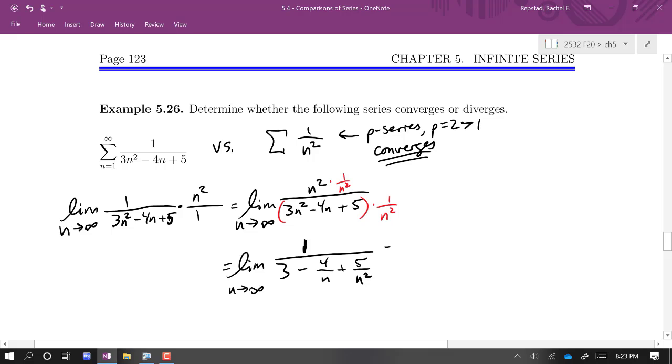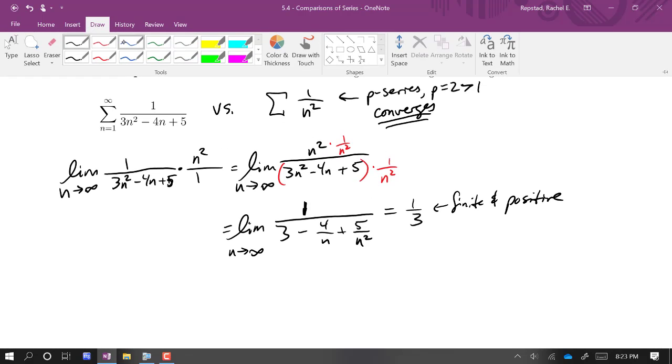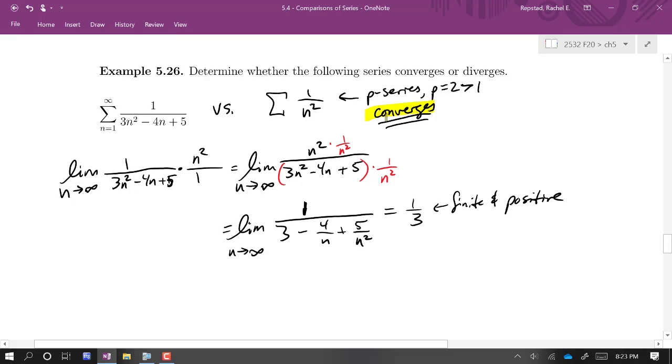So this whole limit is equal to 1/3. This is finite and positive, and that means both series have to converge. Our series is going to do the same thing that our comparison series did. So we can conclude that this series, whose terms are 1 over 3n squared minus 4n plus 5, converges.